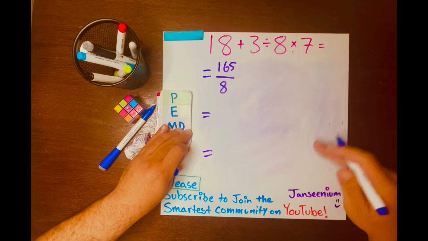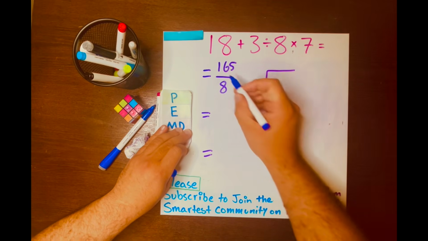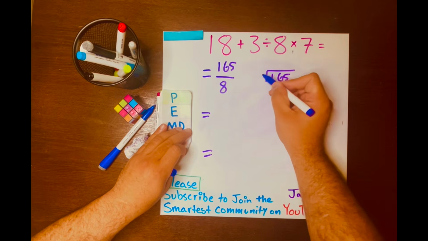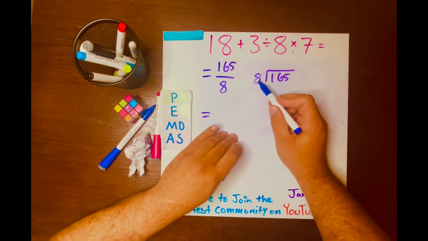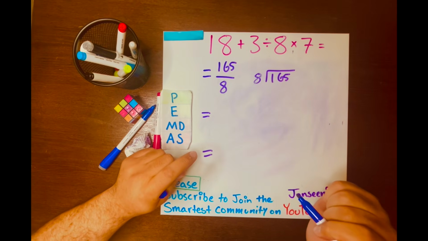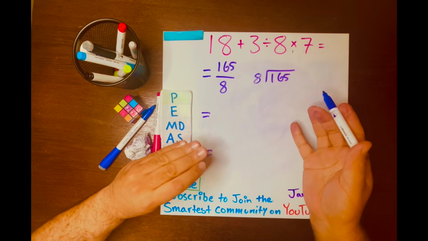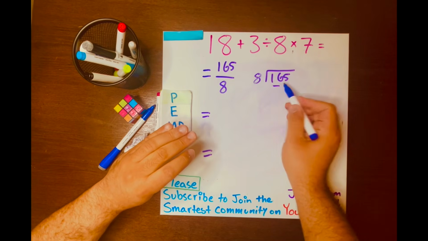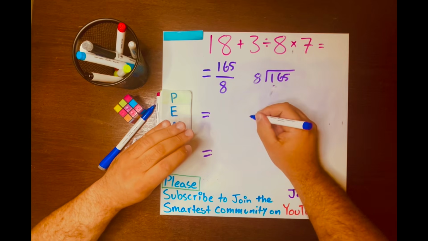And here is the long division symbol, and the dividend is 165. 8 is the divisor. How many times can 8 fit into 165? Well, if you know your timetables, you know that 8 times 2 is 16. That's the closest we'll get, right?